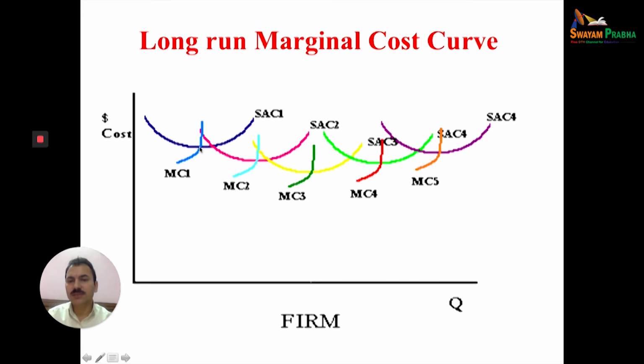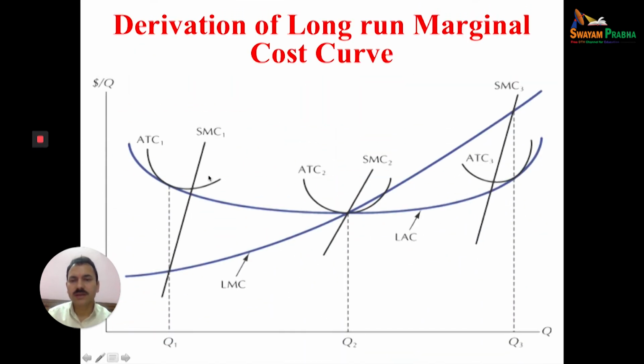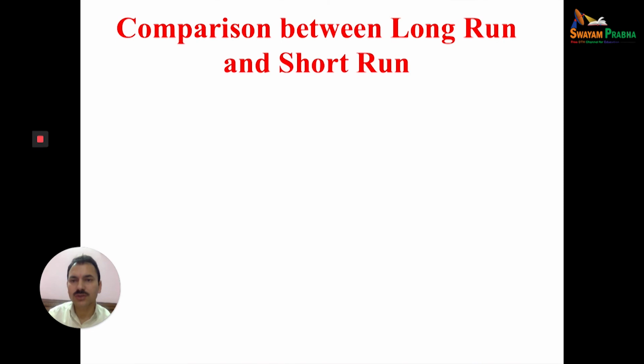So these are tangency points, the minimum points, where we can draw a line like this from points 1, 2, 3, 4, 5, where the marginal cost curve intersects the short run average cost curve. When we draw a line through these, this is called the long run marginal cost curve, like this. The long run marginal cost curve will be flatter than the short run marginal cost curve.